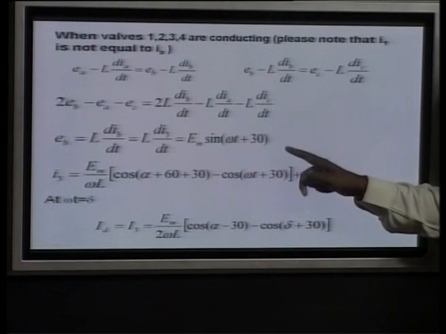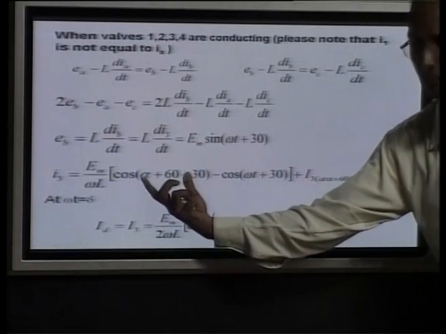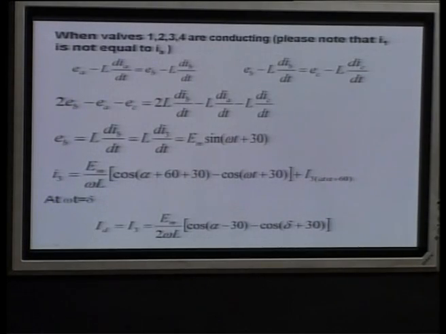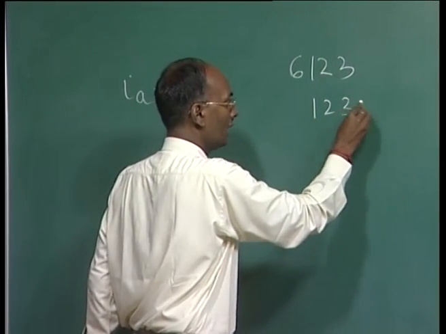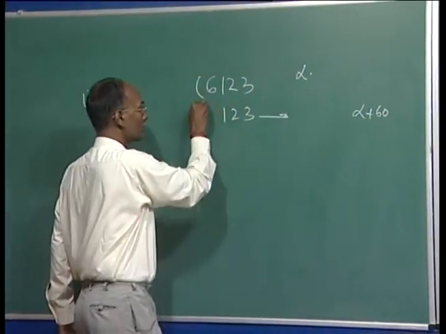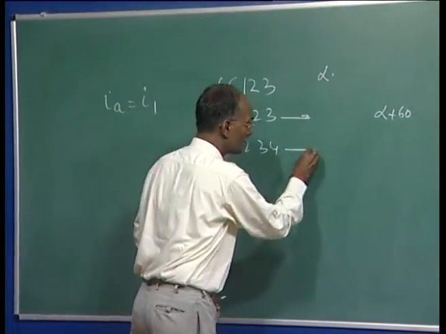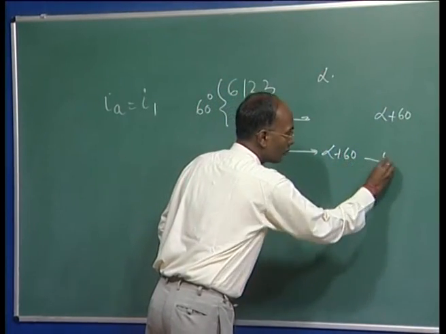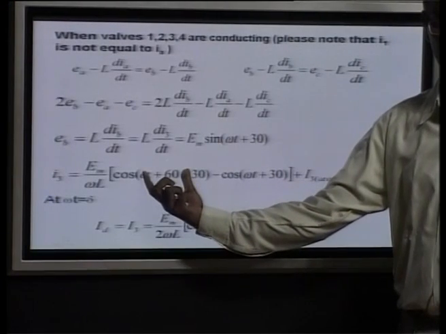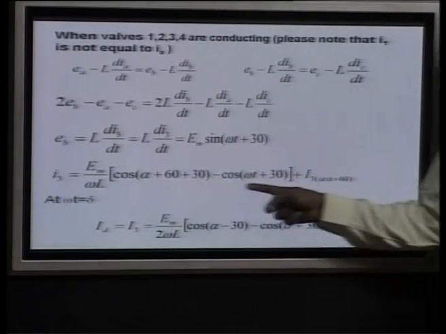Again we are starting here, this will be the conduction mode when we start from alpha plus 60 degree, as I said, 6, 1, 2, 3, then 1, 2, 3. The end period was alpha plus 60, here we started at alpha, meaning this was the total 60 degree. So now 1, 2, 3, 4 starts at alpha plus 60, and we write omega t. So alpha plus 60 is one integration constant and omega t appears here, and just integrating, we get this value.